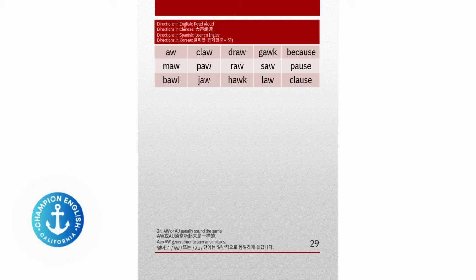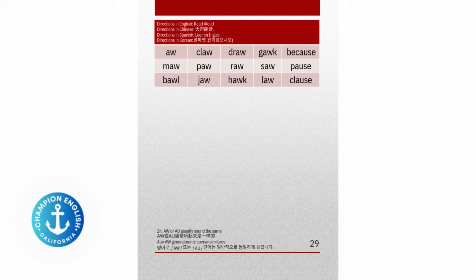Cl and aw, claw. Dr and aw, draw. G and awk, gawk. Because. M and aw, ma. P and aw, paw. R and aw, raw.